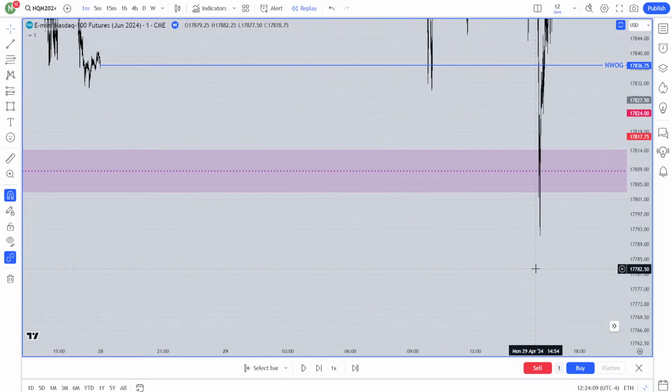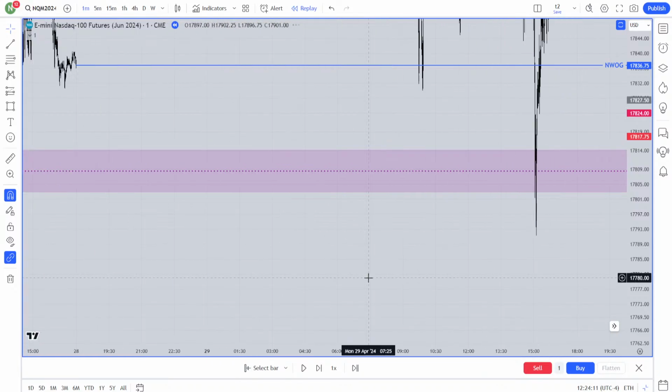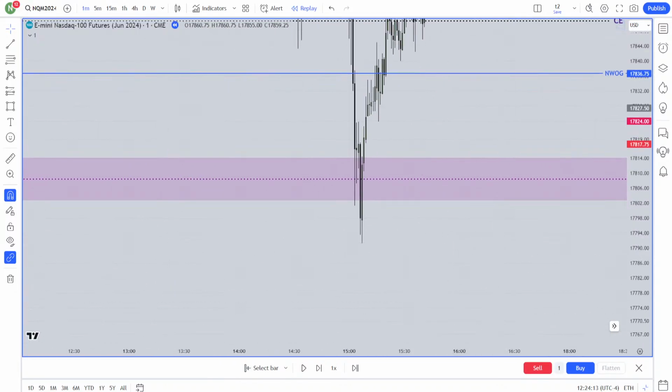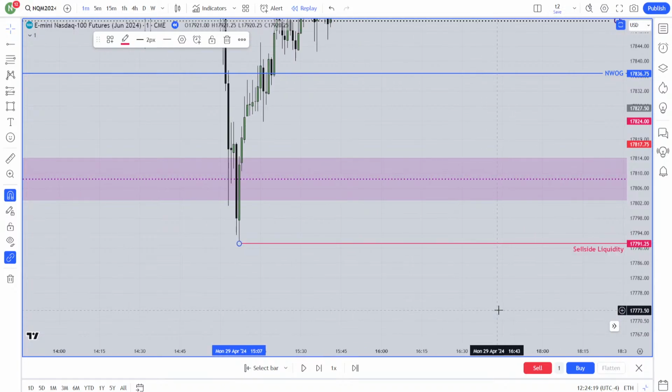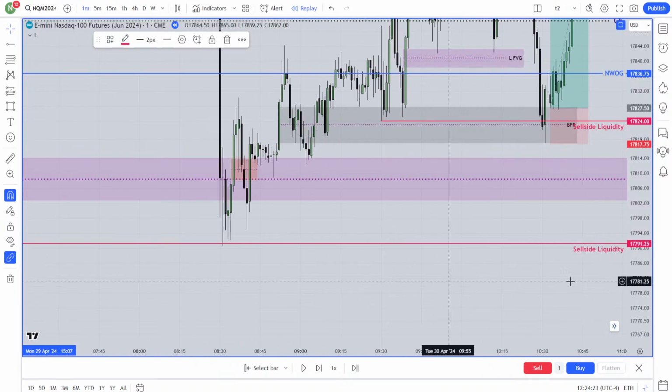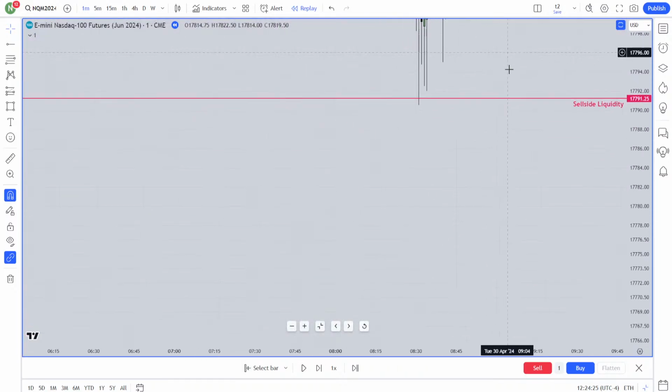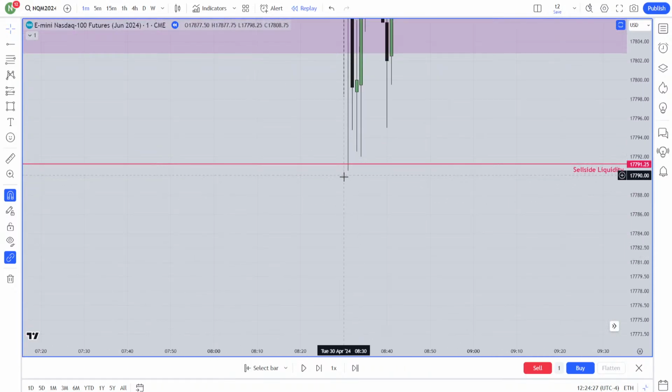I don't know if there is anything else or not, but it's not an equal low. It's obvious liquidity. Let me mark it. Okay, just let me show you. It has taken the liquidity. See, this huge sell side liquidity has been taken.